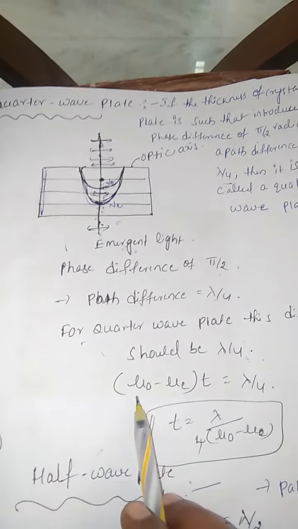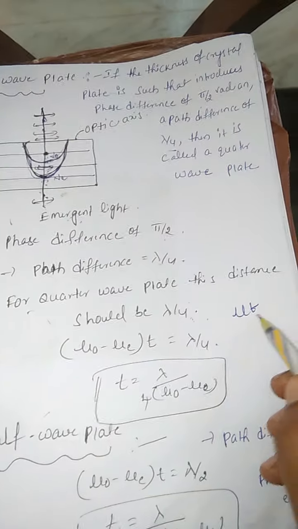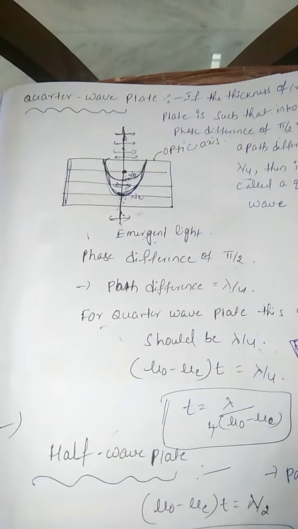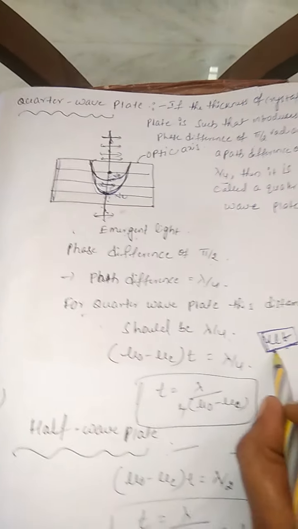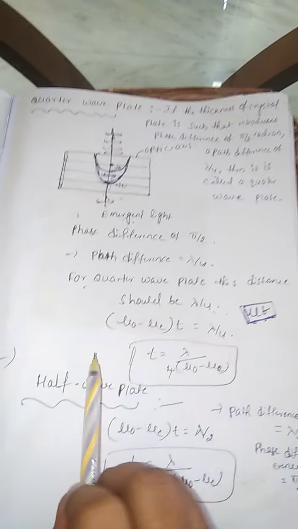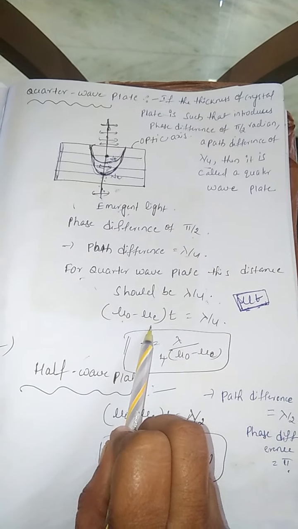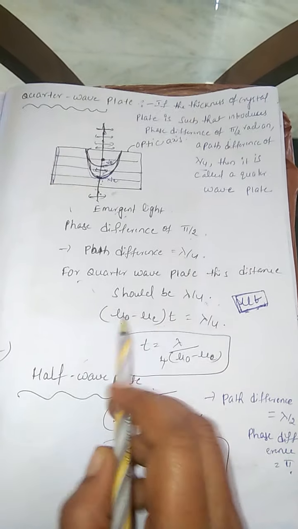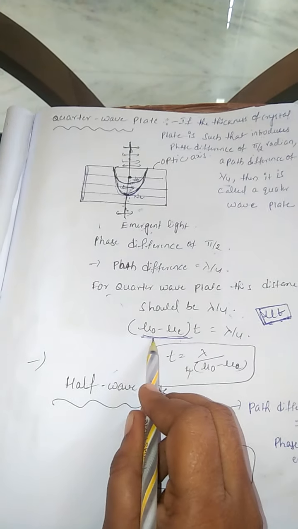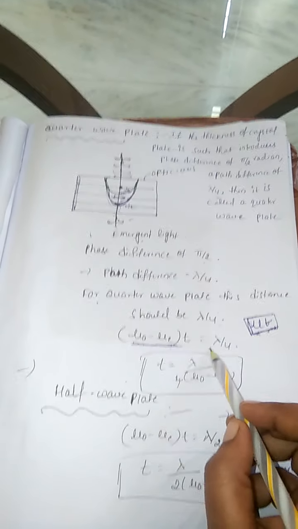We know that the path of a wave is mu into t. In the previous class we learned that the distance traveled by the ray is mu into t, where mu is the refractive index and t is the thickness traversed. So the ordinary ray minus the extraordinary ray, that is mu naught minus mu e into t, indicates the path difference between the ordinary ray and extraordinary ray coming out of the crystal, which is equal to lambda by 4.